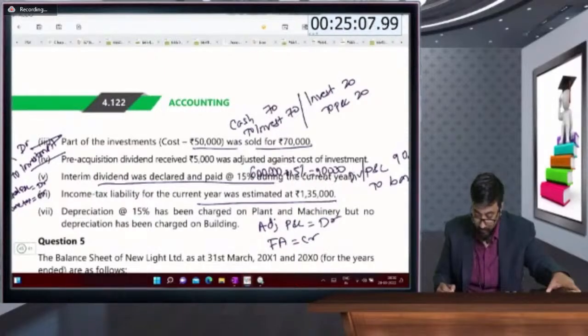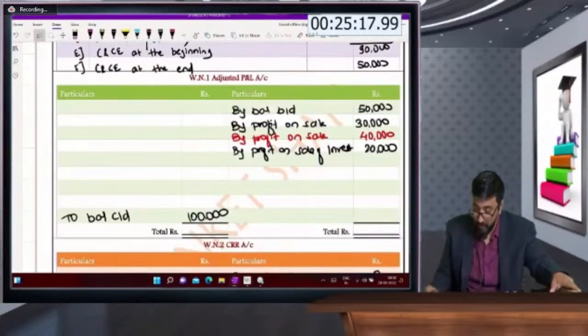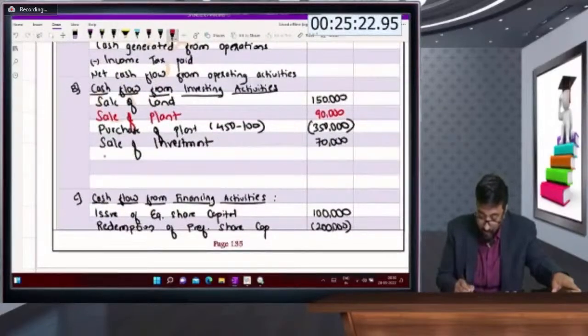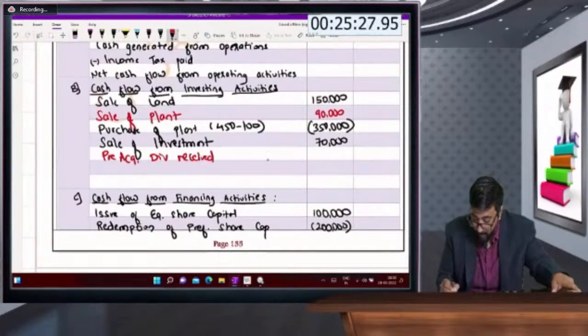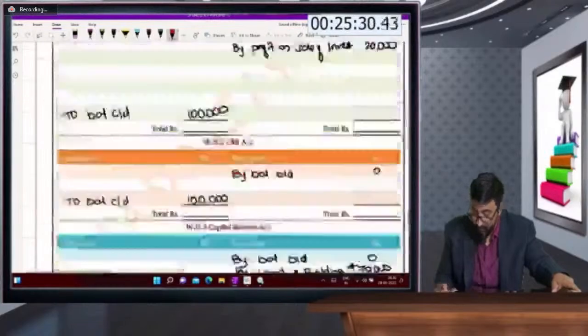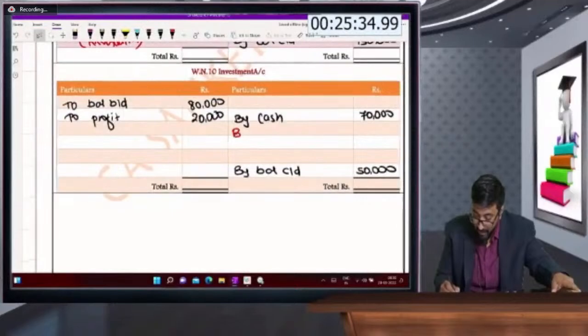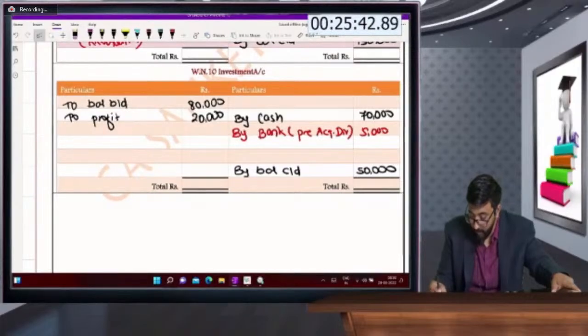Okay. Correct? Next. Interim dividend received, pre-acquisition dividend received. So red pen: pre-acquisition dividend received 5,000, and investment credit side, by bank, pre-acquisition dividend, red pen, 5,000.